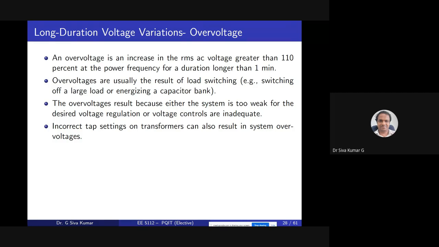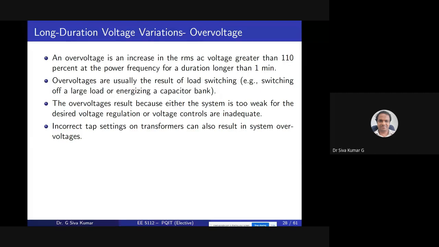Typically, any kind of system, what they mention is rated voltage plus or minus 10%, or plus or minus 5%, or plus or minus 2%. If it is greater than 110%, and for a duration of more than 1 minute, then it gets overheated also, because all the loads which are there are not a constant power load. It's all a kind of an impedance load.